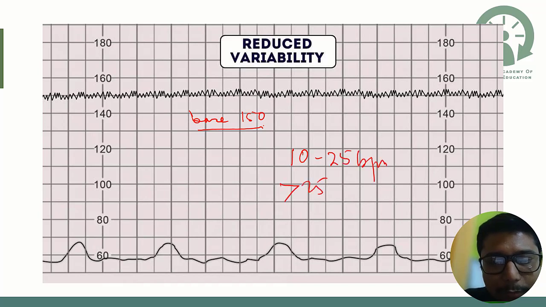If it is more than 25 beats per minute, that is a sign of fetal irritability, and this is known as a hypervariable trace. It's not normal, right? If it is less than 10, it is known as reduced variability, whereas if it is 2 or less, it is known as nil variability.